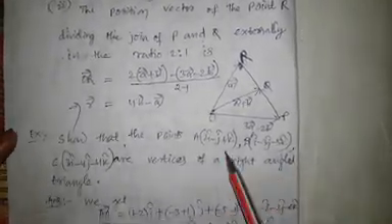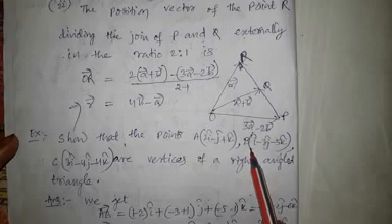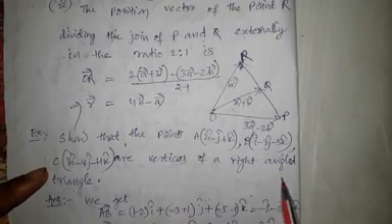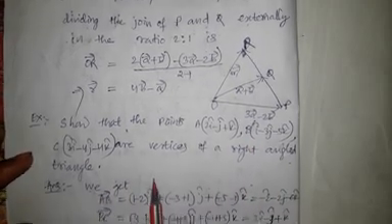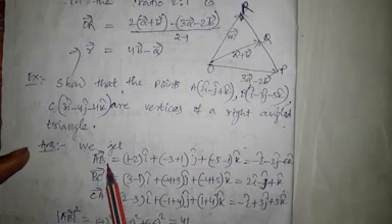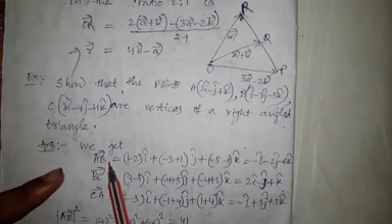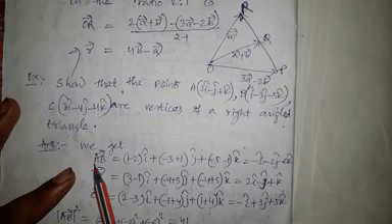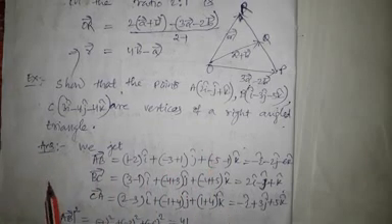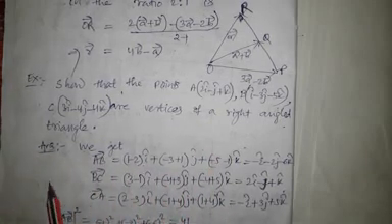Now the points A, B, C are vertices of a right angle triangle. We get AB vector is equal to B vector minus A vector.